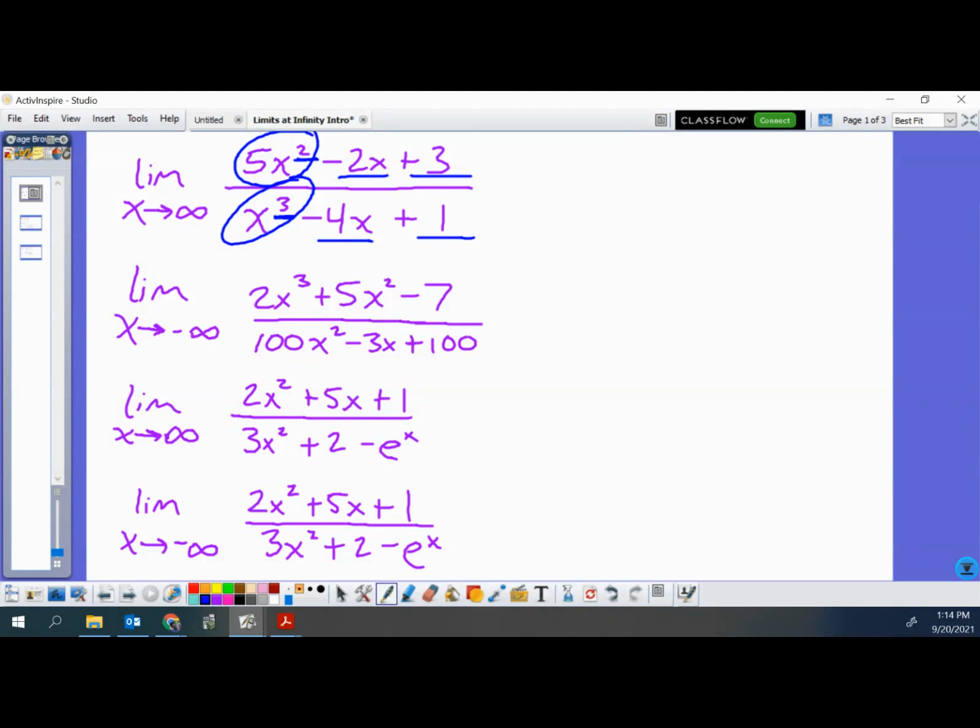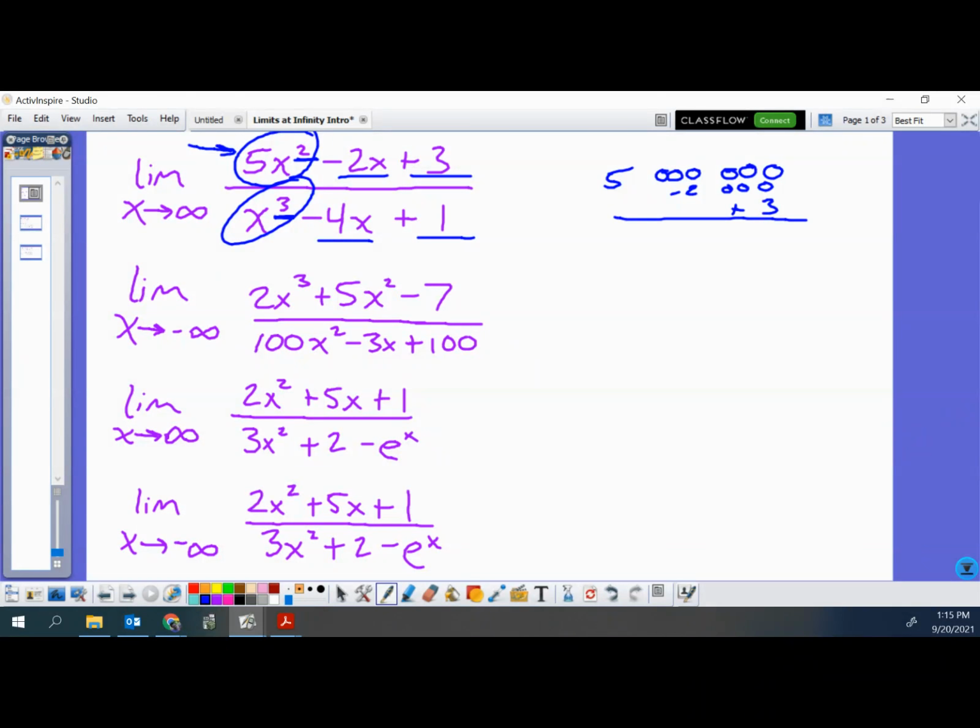So in other words, if you plug in like 1,000 for x, on top you're going to get 5 times 1,000 squared. 1,000 squared is 1,000,000. So you'll have 5 million. That's 5 with 6 zeros. And then you'll be subtracting 2,000 from it, and you'll be adding 3 to it. But that's still basically 5 million, right? It's 4,998,000 and change, or 4,998,003 actually.